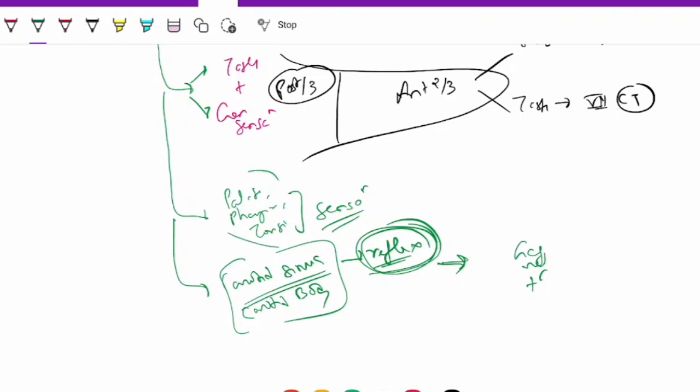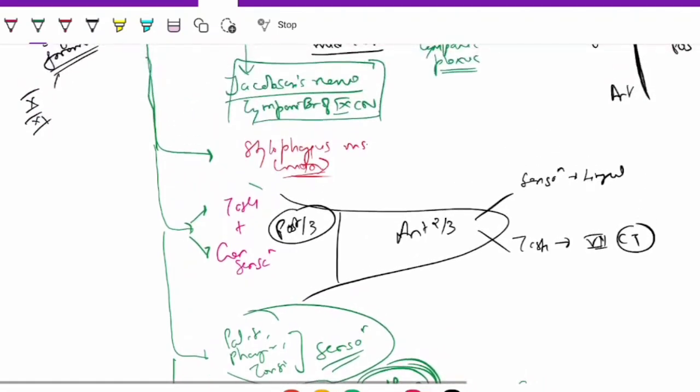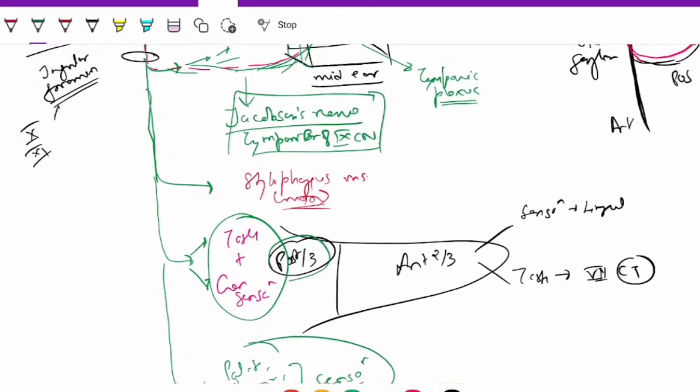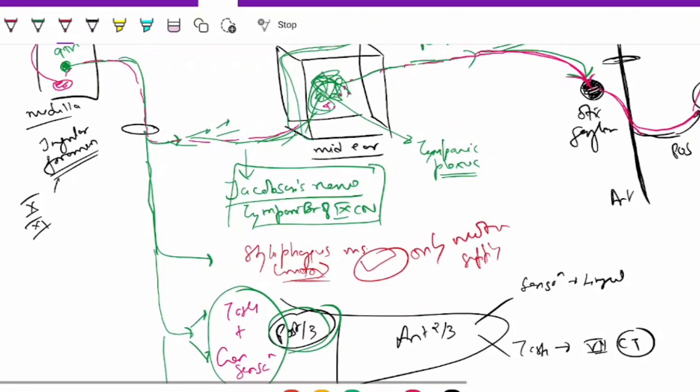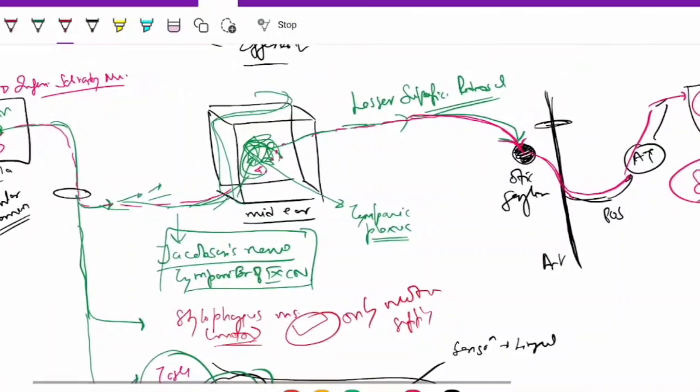So it does secretion, sensations, taste plus general sensation for the posterior one-third of the tongue. It gives motor supply, the only motor supply, and it gives off a branch which goes to form a tympanic plexus.